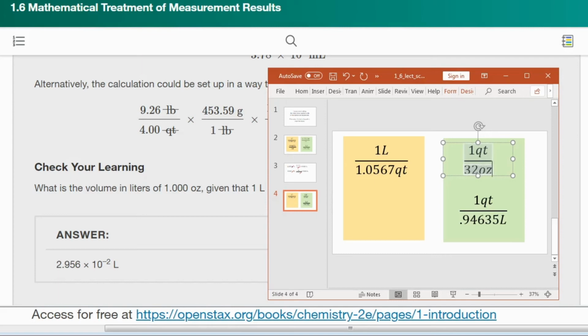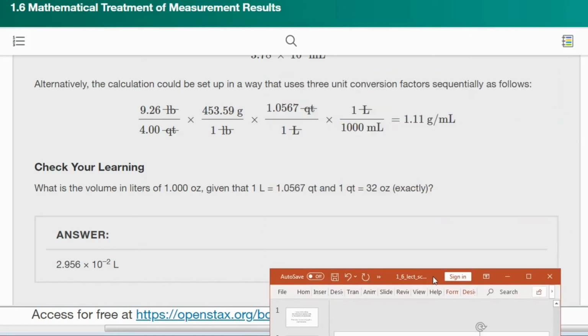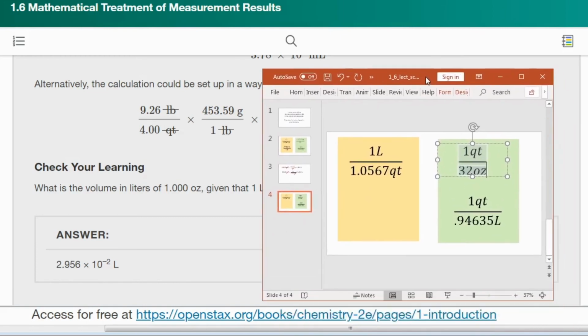One quart equals 32 ounces. Now let me see. I could totally mess this up here, but that's actually how we learn sometimes. We have to do things, and if we make a mistake, we'll see how we made the mistake.